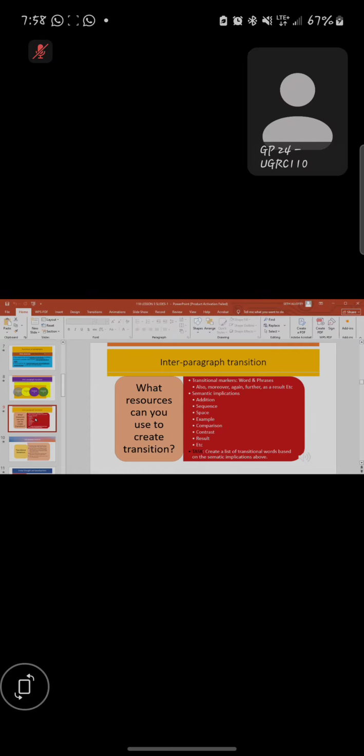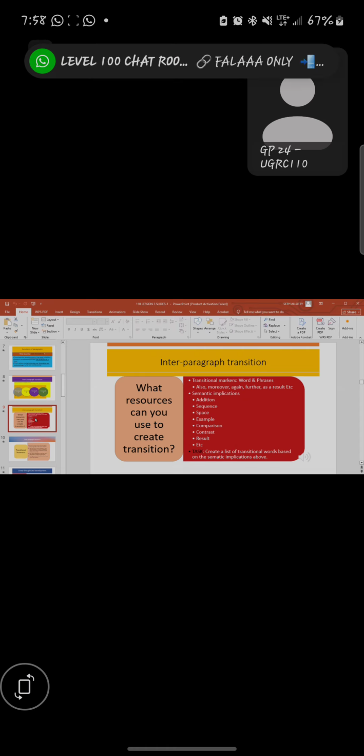So according to the slides, at the bottom, we have a task, like an assignment that must be done right away. It says create a list of transitional words, of course, if you have quizzes too, based on the semantic implications above.